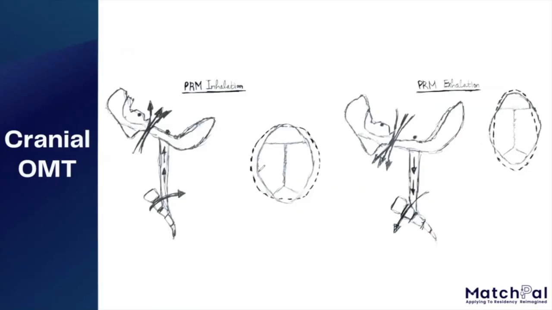Here you can see the cranium, and the dotted line is showing how the cranium is changing through each of the two phases. As we said, with PRM inhalation, the sphenoid and the occiput will go into flexion. The sphenobasilar synchondrosis would move superiorly. The sphenobasilar synchondrosis is right here, and the CNS will shorten and widen, demonstrated by these arrows here.